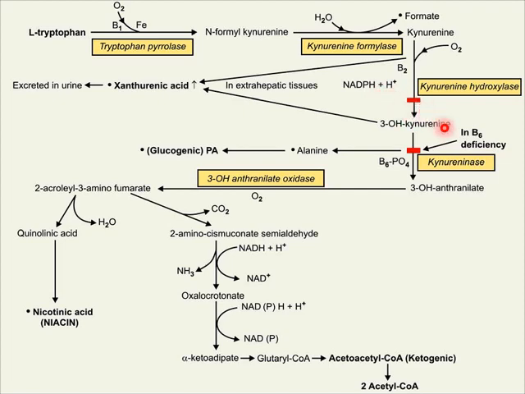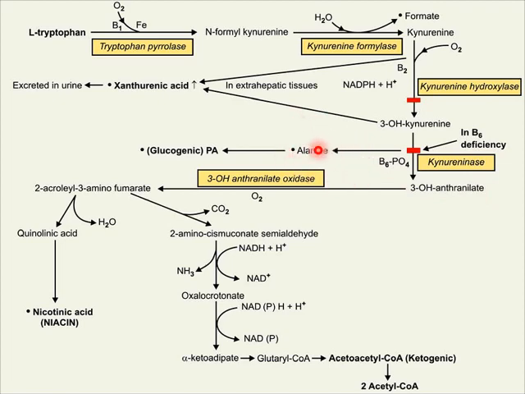Then this 3-hydroxykynurenine gets converted into 3-hydroxyanthranilic acid and splits off alanine with the help of kynureninase enzyme. This is a very important step of tryptophan metabolism. And for this reaction, what we require is B6.